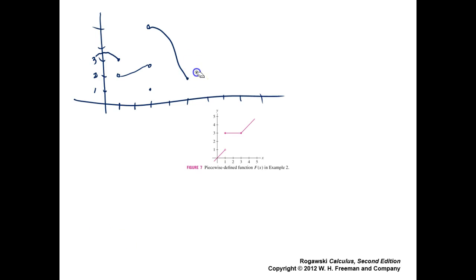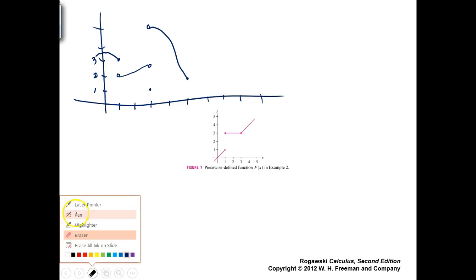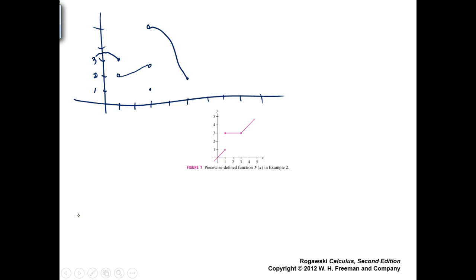Let me get this part erased. And there's another open circle at x equals 5, around 3.5. Right about there. And then from there, it goes somewhere like that. Now I finally got it right. I'm sort of close anyway.